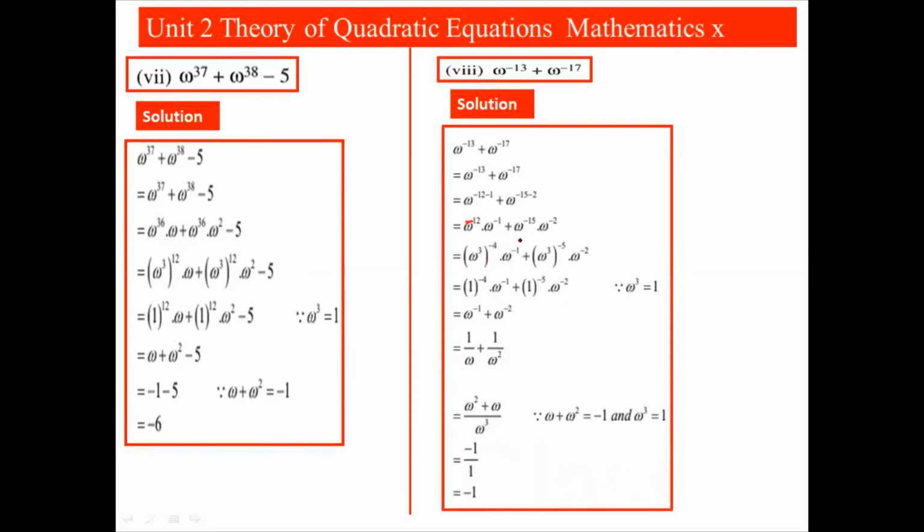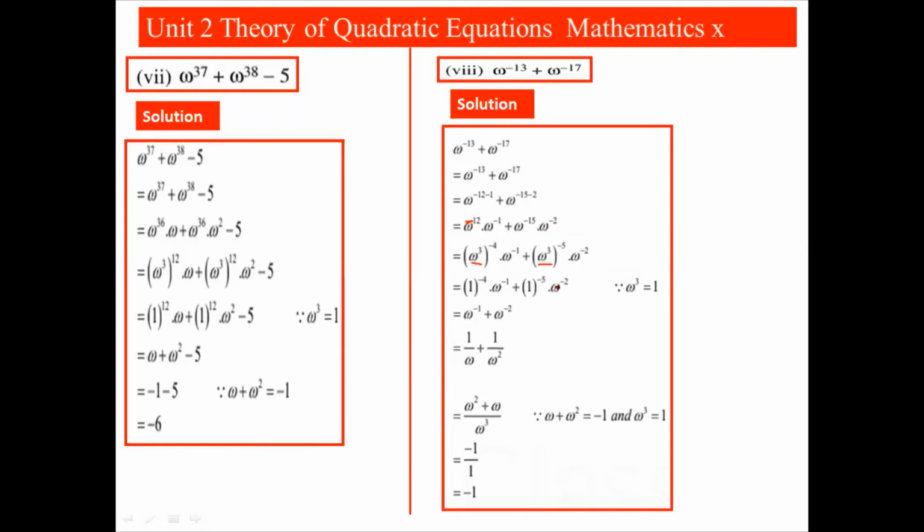This is omega minus 1 as it is, and omega raised to power minus 15 can be written as omega cube raised to power minus 1. So this omega cube is equal to 1, and so we can write this as 1. So 1 raised to power minus 4 here and 1 raised to power minus 5. So 1 raised to power minus 4 is also equal to 1, and 1 raised to power minus 5 is also 1.